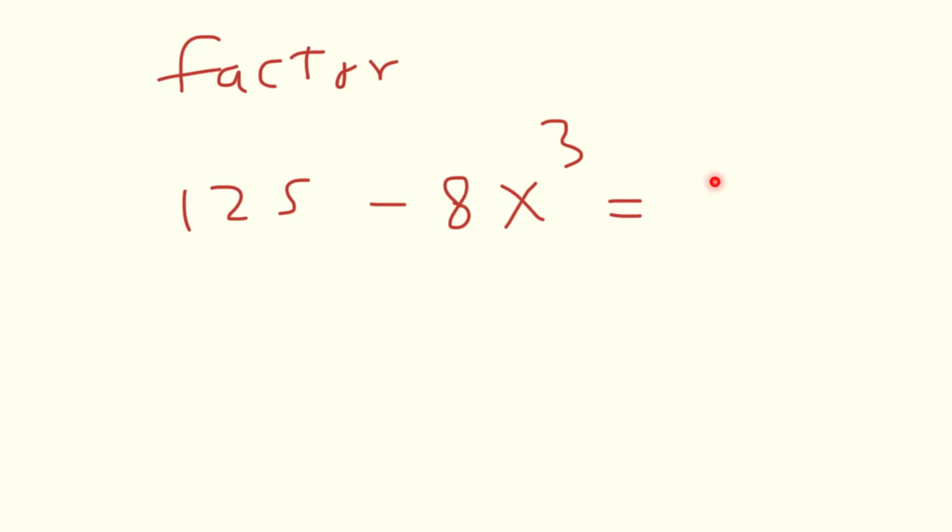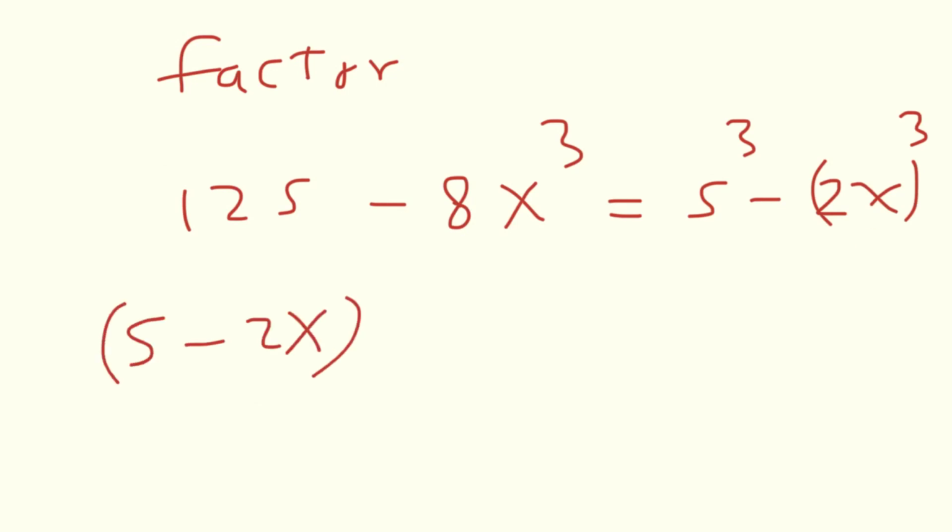Cube of what? 5. So 5 cubed. Is this a cube quantity or square? Cube. Cube of what? 2. Cube of 2 only? 2x. Yes, 2x. So all this is (2x) cubed. Now you know the first and the second, so you can apply the rule easily. 5 minus 2x. Same sign, remember? Because I have negative here, I have negative here.